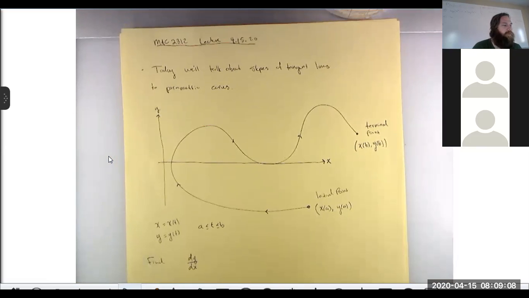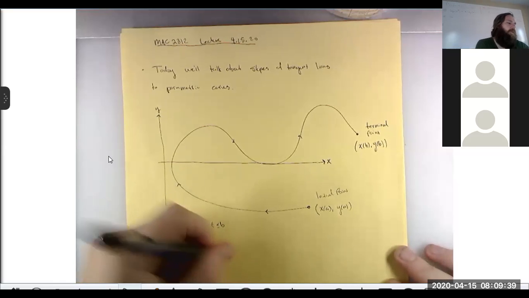Normally I just have a relationship between x and t and a relationship between y and t. And normally to find dy dx, the whole trick is to think about the relationship between y and x, right? You write y as a function of x and then you differentiate. Or you take the equation that relates y to x, if there's just an equation that relates them rather than a function relationship, and you differentiate implicitly and you solve for dy dx. But here we don't have either of those things.